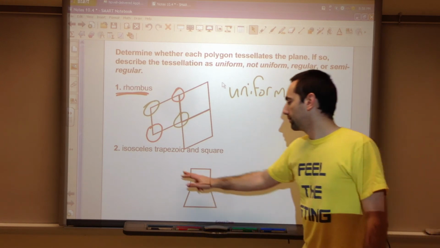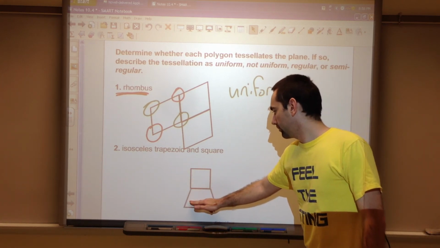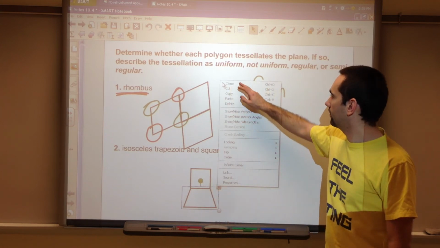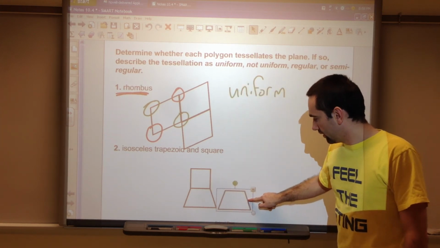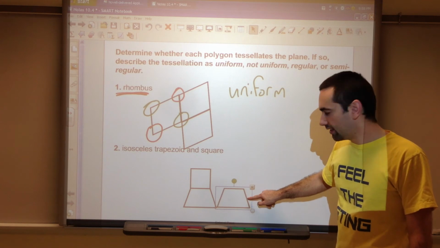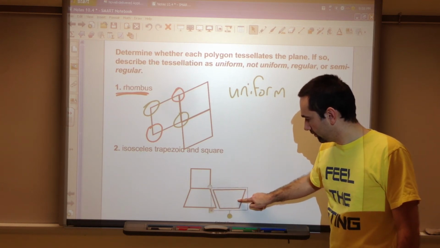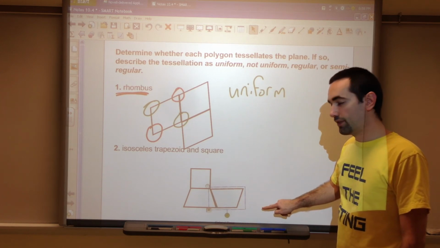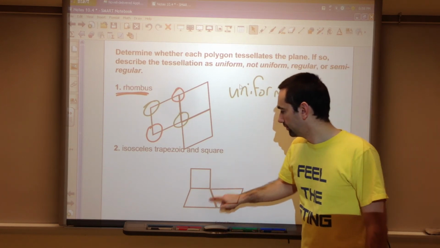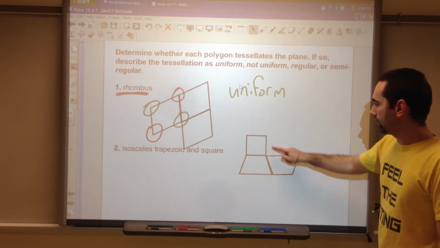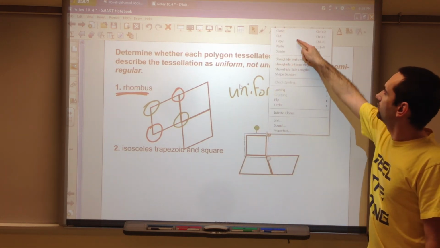Let's find out. I'm going to clone this. No, he doesn't fit there, does he? But wait. He fit there. I'm going to clone the square.